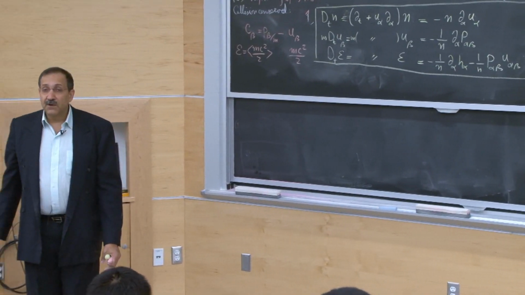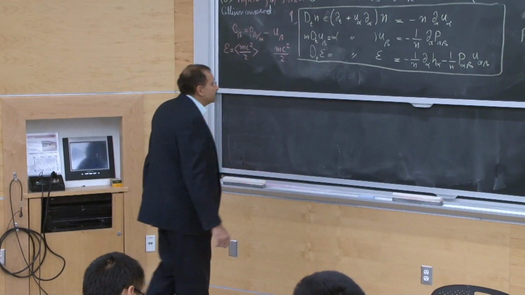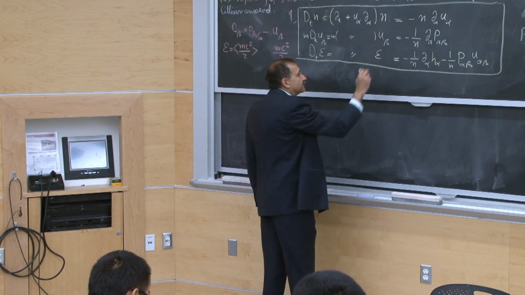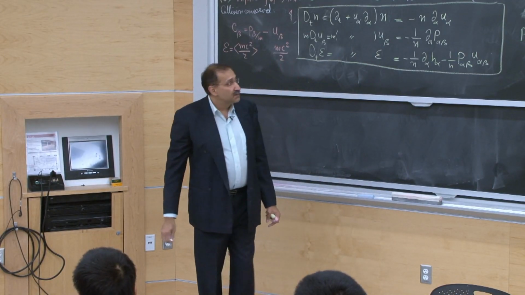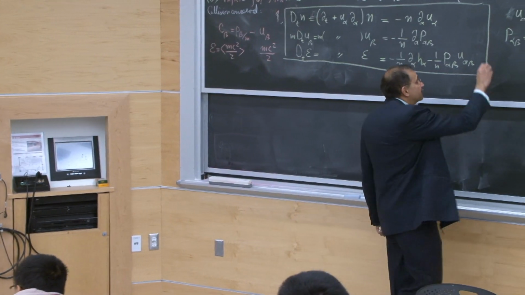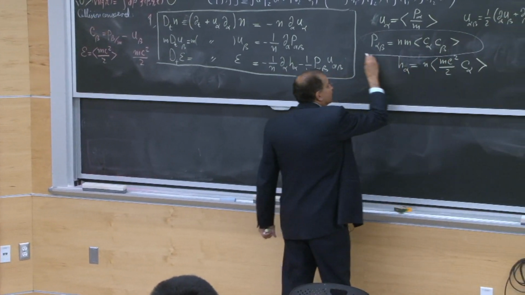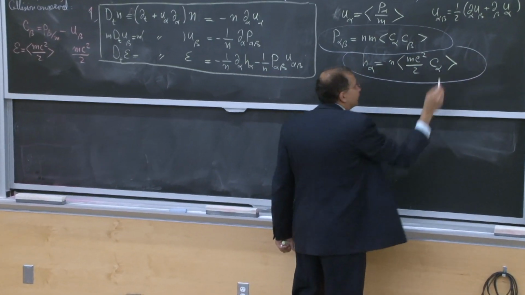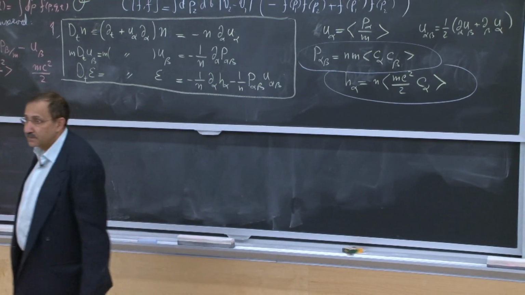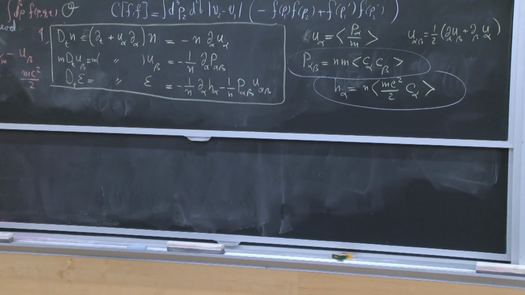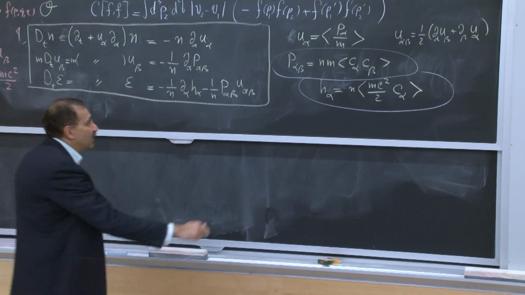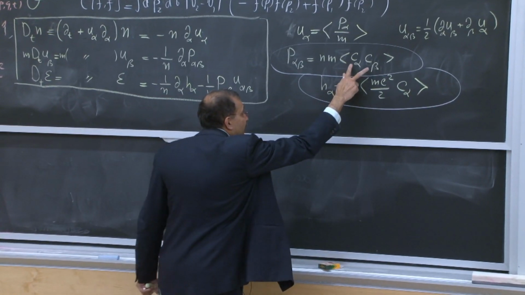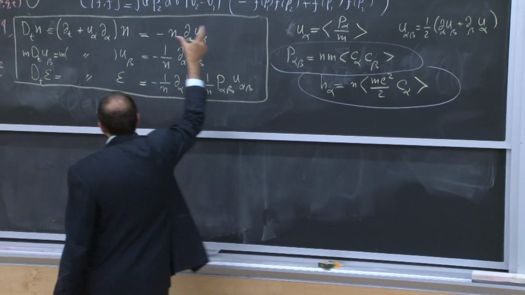Now, the problem with the equations as I have written is that they are not closed in terms of these three quantities, because I need to evaluate the pressure, I need to evaluate the heat transfer vector. Okay? And to calculate these quantities, I need to be able to evaluate these averages.